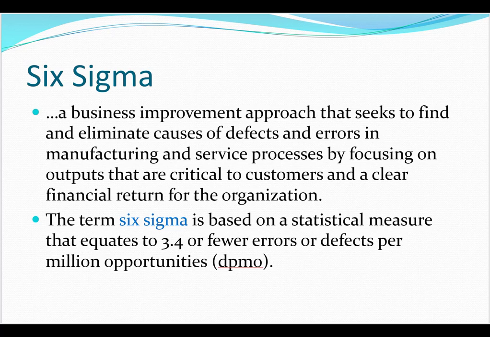More often than not, that is a variation that we're trying to get rid of, so that we can reduce defects and errors in manufacturing and in service processes. And Six Sigma does it by focusing on outputs that are critical to the customer. So again, the customer is at the center of this whole analysis.